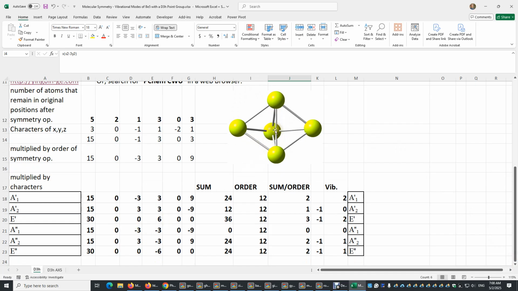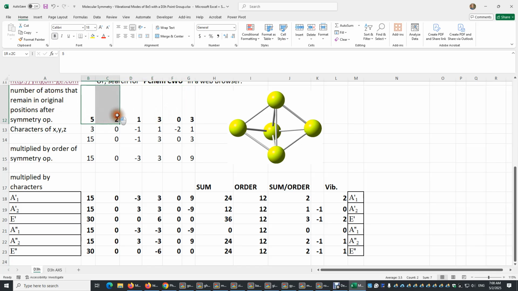What if you have another atom right in the center? And over here there's another spreadsheet titled D3h AX5. So if you put another atom right at the center of this structure, I'm going to label that A. Right at the center. So if you are interested in the vibrational modes, the only thing you need to do is look at this row, the number of atoms that remain in original positions.